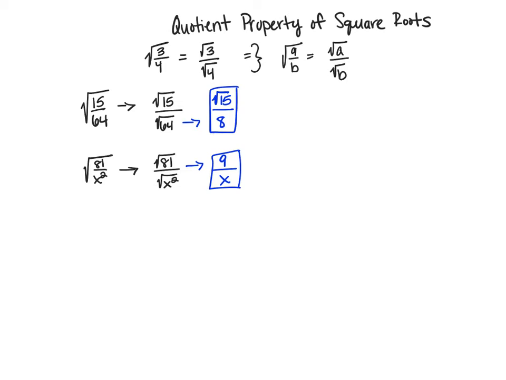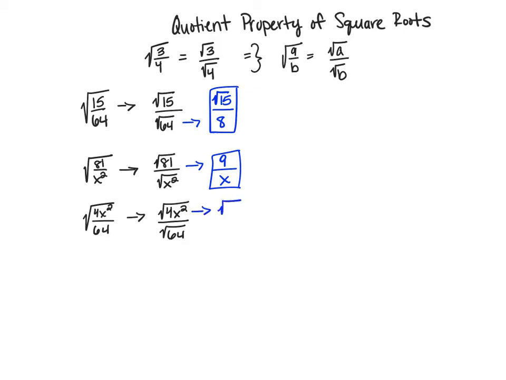So let's do the square root of 4x squared over 64. You can break this up into the square root of 4x squared over the square root of 64. And then here's where it gets a little bit tricky, just because you have a product in your numerator.